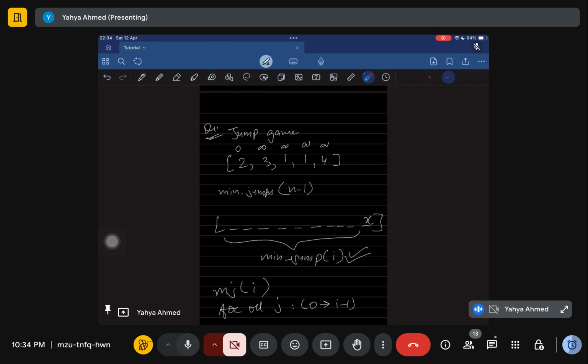ठीक है ना. Currently the minimum jump की value at these guys is all infinities and the first guy is 0, right? So I'd stand at this guy, I'd go to all of the locations in front of me and I'd update those values to +1 of my value. Why? Because this guy can get to this location and this location. जिसका मतलब है अगर मैं 2 पर खड़ा हुआ हूं तो फिर इसके मिनिमम जंप्स is gonna be my best value +1.